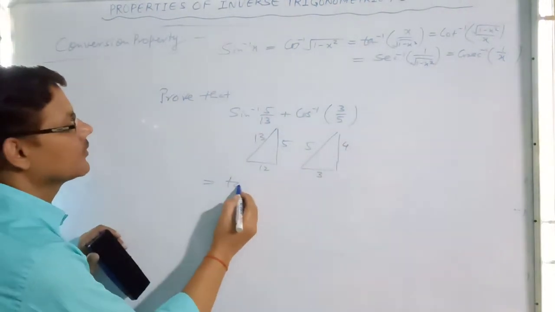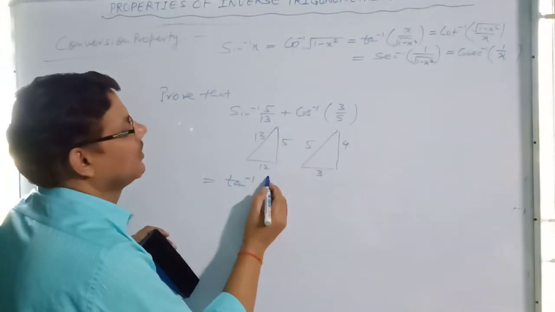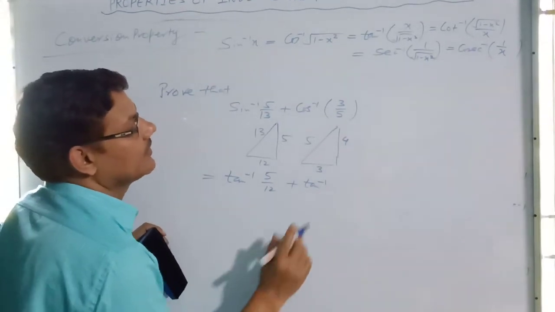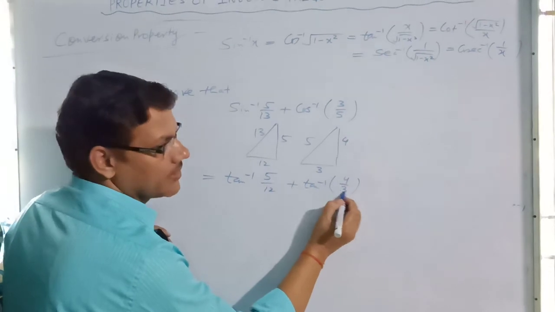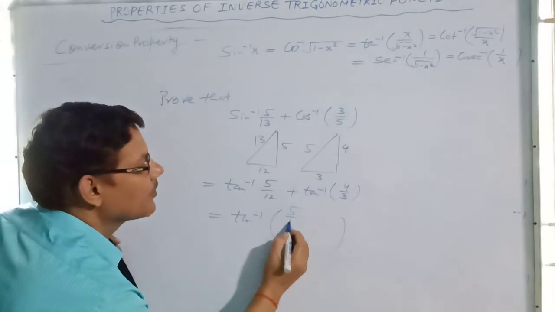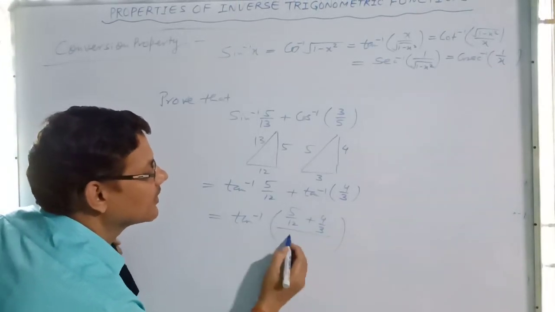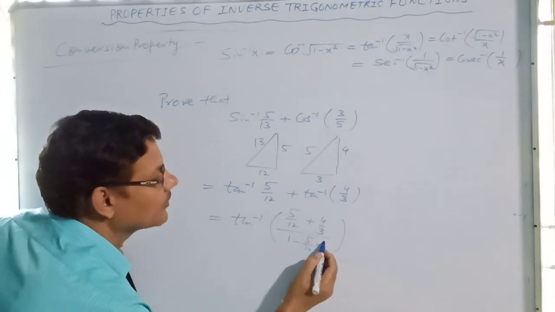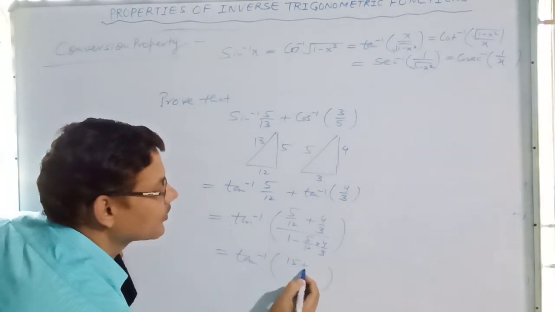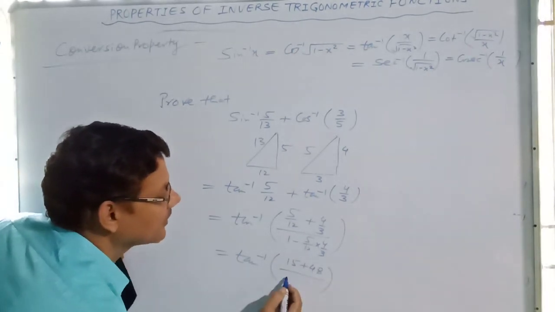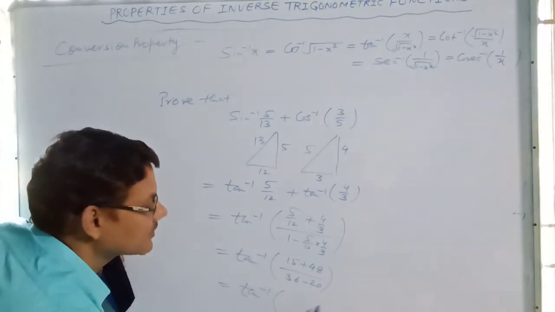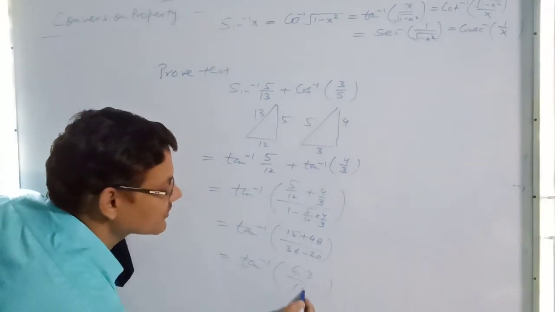So it is equal to tan inverse of 5 by 12 plus, again changing to tan inverse, it comes as 4 by 3. Okay? So by the formula, tan inverse of 5 by 12 plus 4 by 3 divided by 1 minus 5 by 12 into 4 by 3, and it comes as tan inverse of 15 plus 48 divided by 36 minus 20, which is tan inverse of 63 by 16 by that formula.